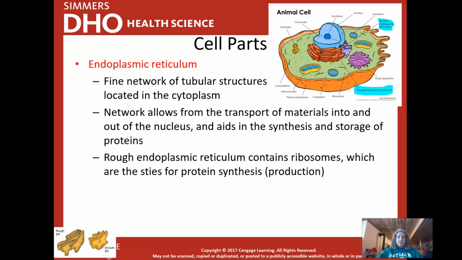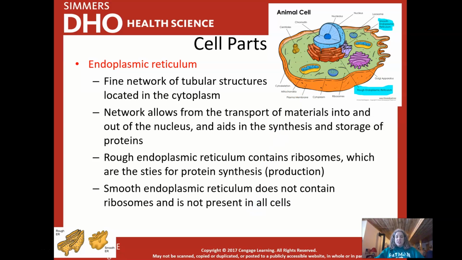Rough endoplasmic reticulum contains ribosomes, which are the sites for protein synthesis or protein production. So here's a rough one. You can see the little black dots on it. This orange one is a rough one, too, and the black dots are the ribosomes. And then you also see black dots throughout the cytoplasm, which are also ribosomes.